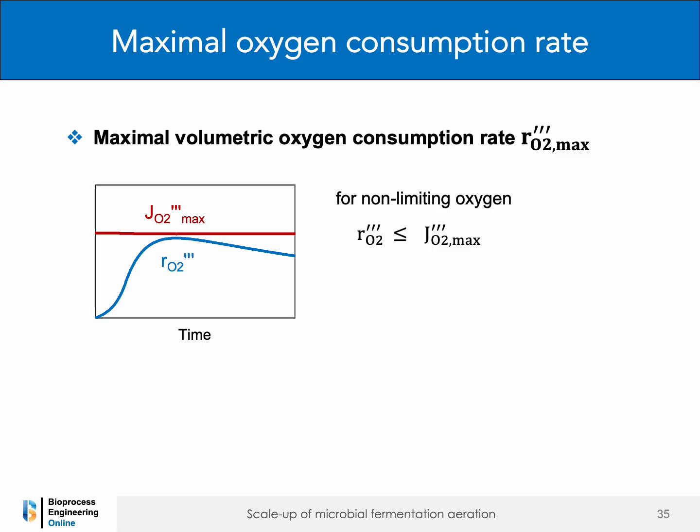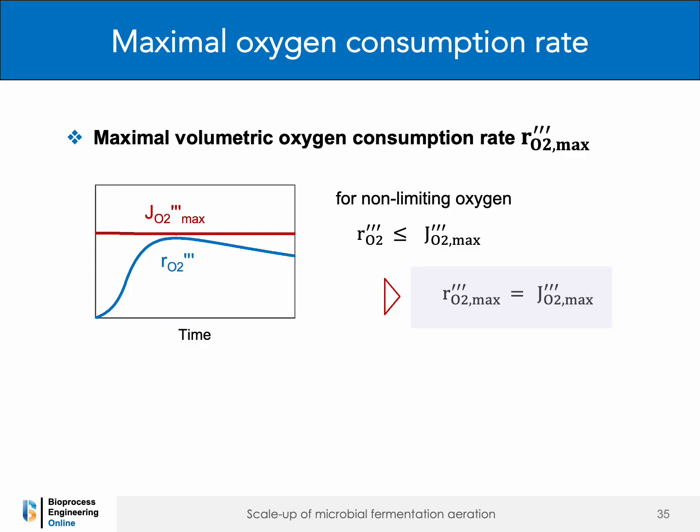To avoid oxygen limitation, the volumetric oxygen consumption rate must remain below the maximum usable oxygen transfer rate during the entire course of the fermentation. For batch or fed-batch fermentations used for the production of metabolites or proteins, the volumetric oxygen consumption rate increases during the early stages of the process, reaches a maximum, and subsequently decreases.